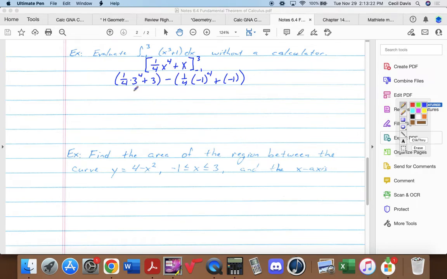Let's see, 3 to the 4th, that's 81/4 plus 3 minus, that's going to be a positive 1/4, and it's minus a -1, so it's going to be plus 1.